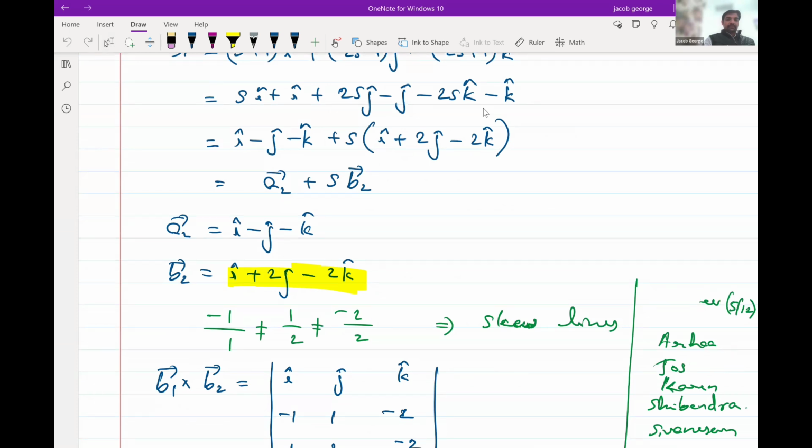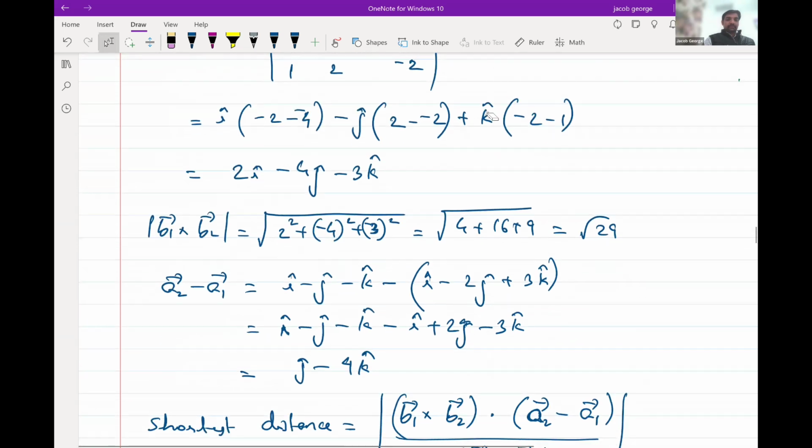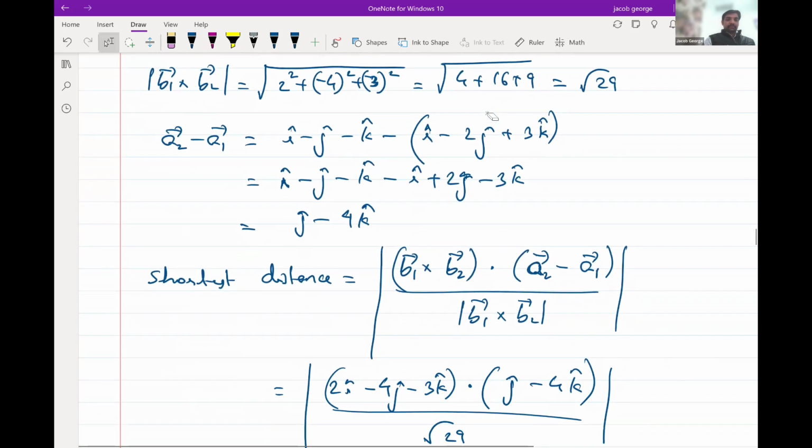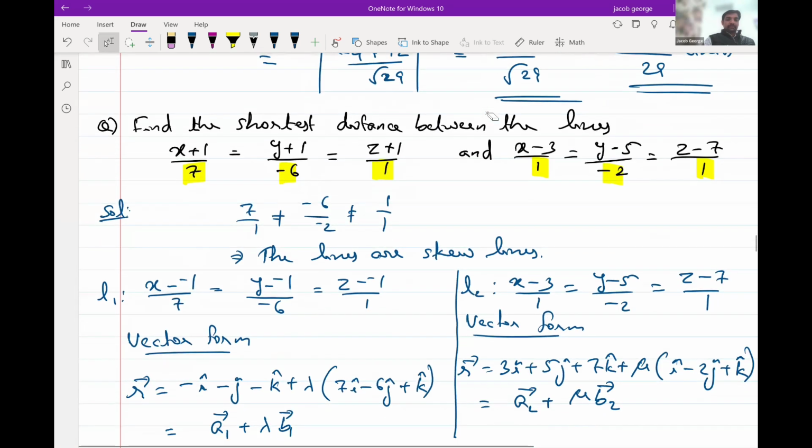After getting skew lines, what is the next step? We have to find B1 cross B2, then modulus of B1 cross B2, A2 minus A1, then the shortest distance. And this is Cartesian form. If we get Cartesian form also, what type of form do we have to convert it into? Convert it into vector form. Is this conversion clear?